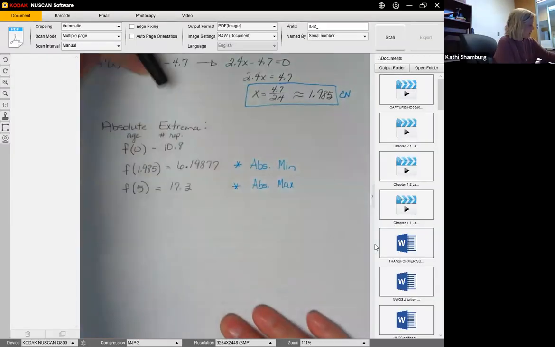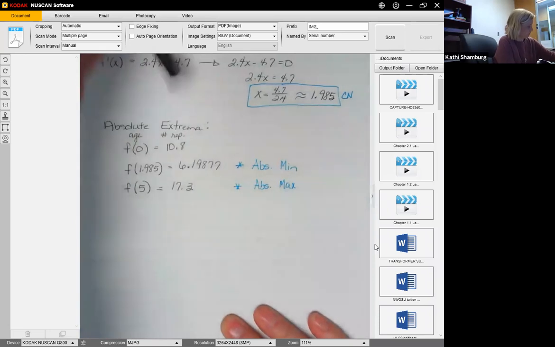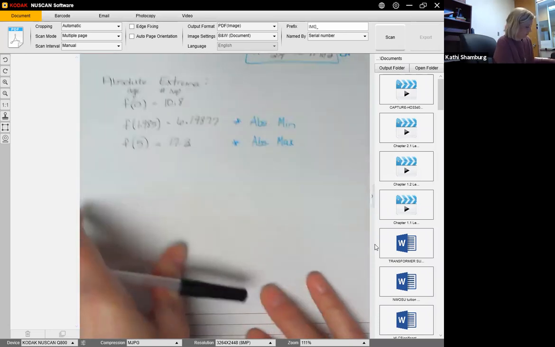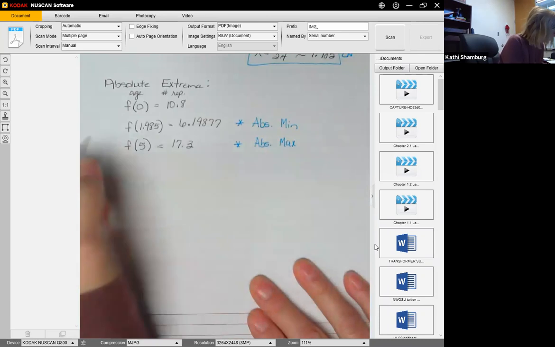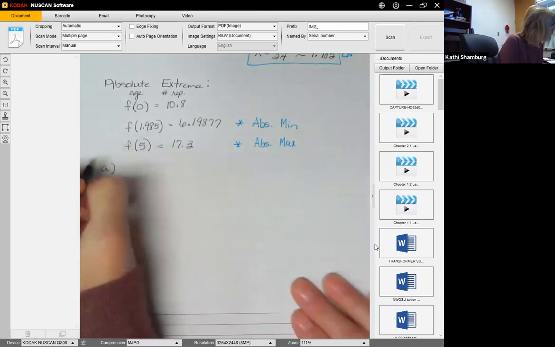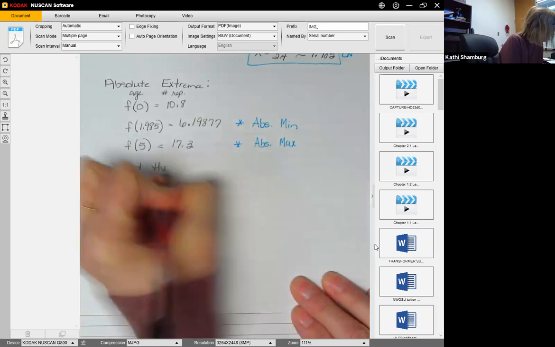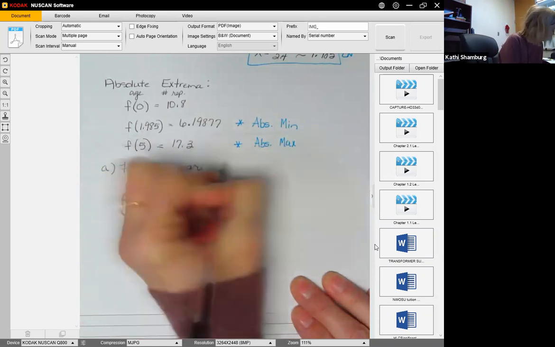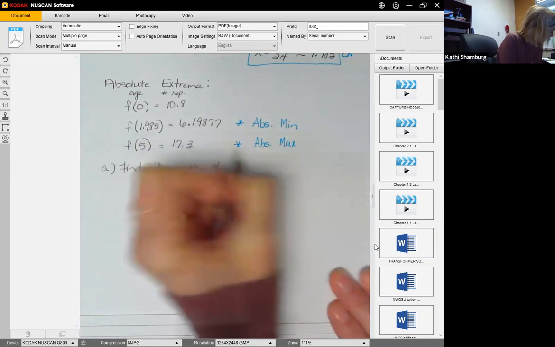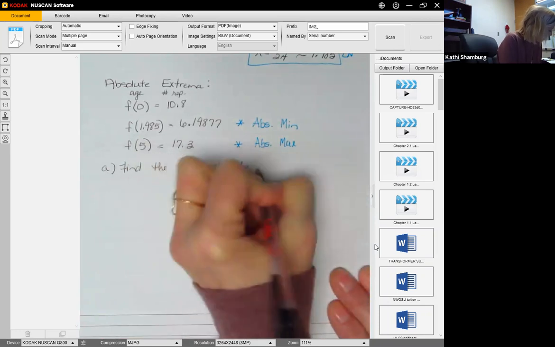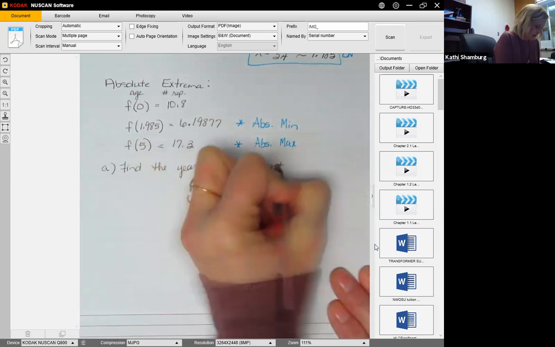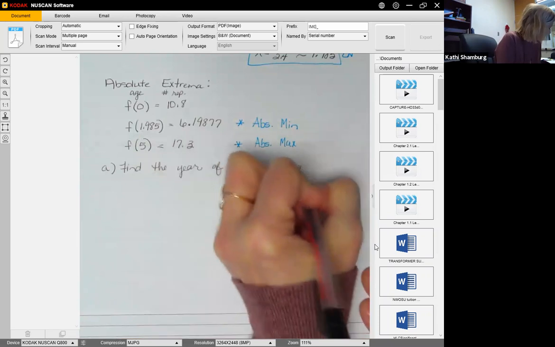Types of questions that might be asked. Find the year of the least repairs.